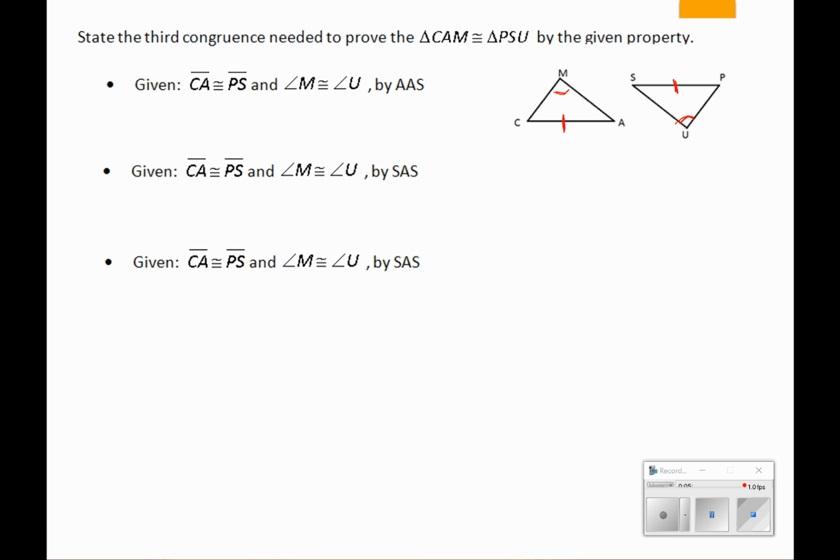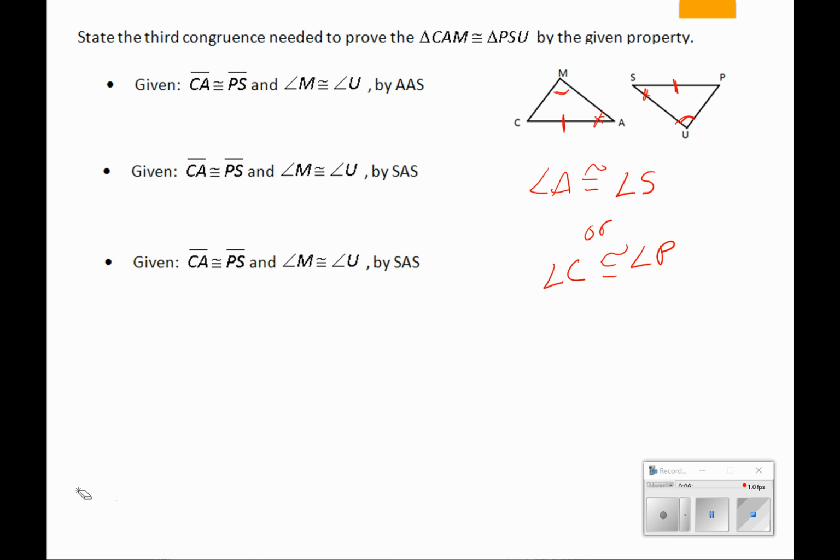Well, by angle angle side, I either need to know that angle A is congruent to angle S, so it'd be this one and this one, or I need angle C is congruent to angle P. So either of those work.